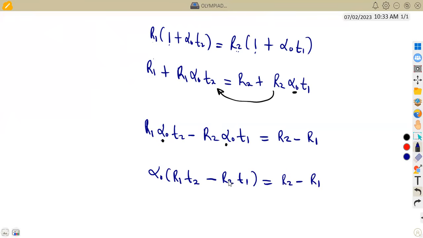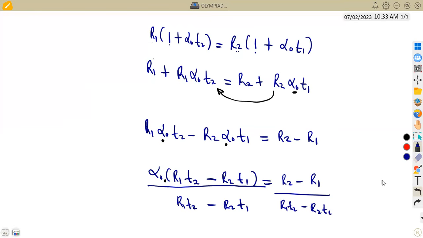So we can divide by the bracket since this is under a multiplication. The moment we divide both sides by R1 T2 minus R2 T1, we are going to remain with alpha naught as the subject.